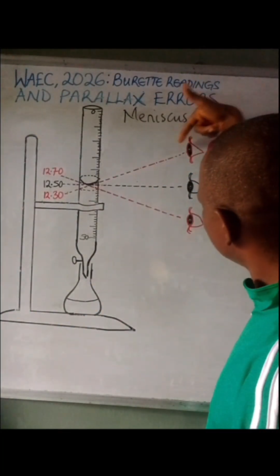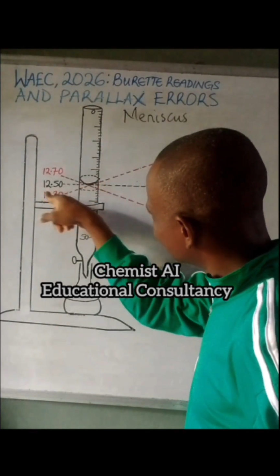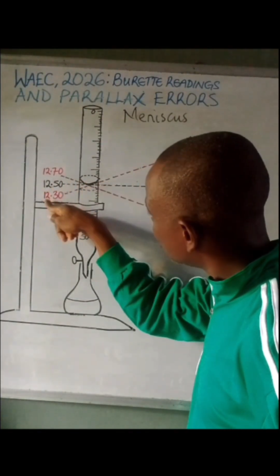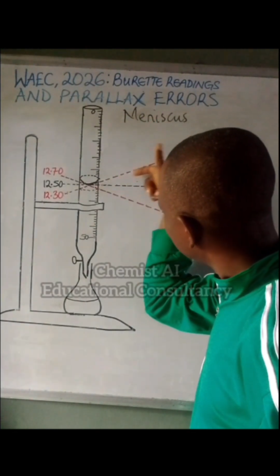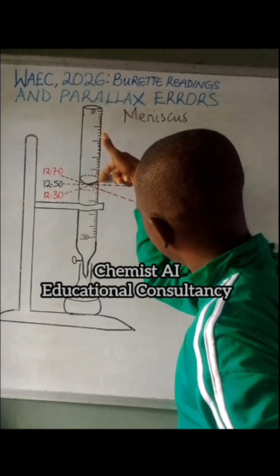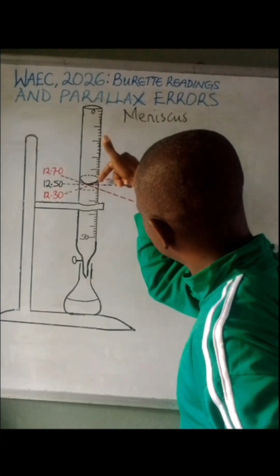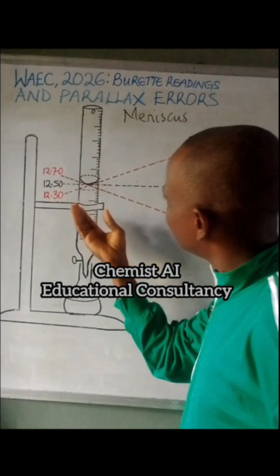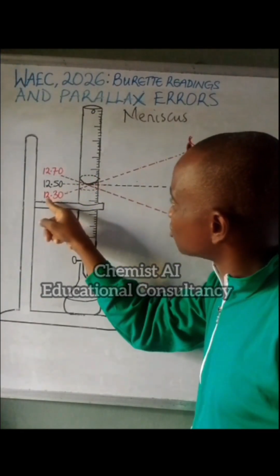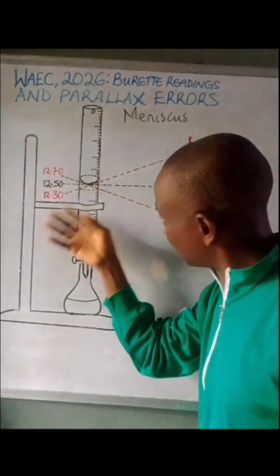So if you are viewing from this angle, you are going to see a value that is lower than the real value that is 12.50. That is 12.30. This is a graduation, and this sight line hits the burette at the upper part, which means the number that you will see is the number that exists before the real value 12.50. And then this student is going to record 12.30 instead of 12.50, with a difference of 0.2.